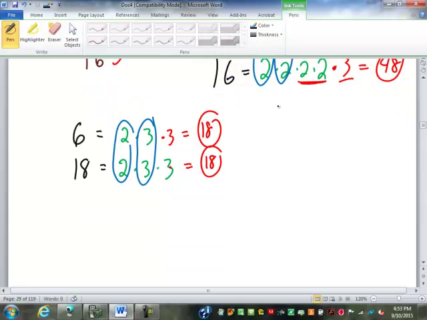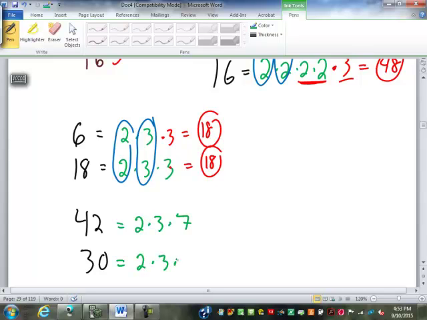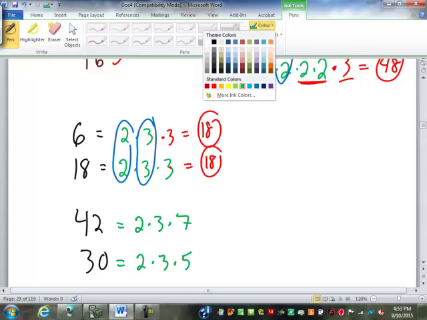Let me find a more complicated one here. Let's look at like 42 and 30. So if I factor 42 and 30, 42 is 2 times 3 times 7. 30 is 2 times 3 times 5.